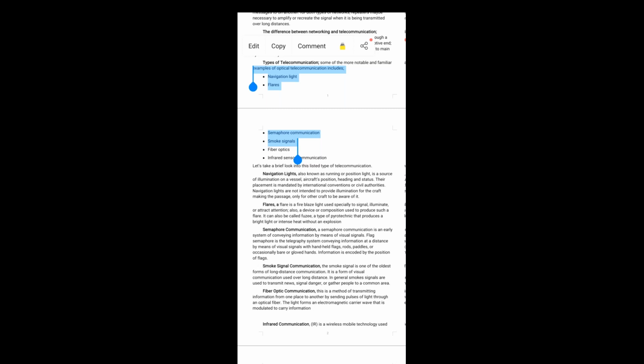I will use this example. In a situation whereby a vessel or a ship is stranded in the middle of the ocean, or in the middle of an island somewhere, and its position is not known, and a search party is issued for the authorities to go and search out this ship.